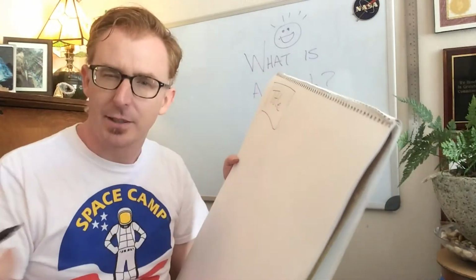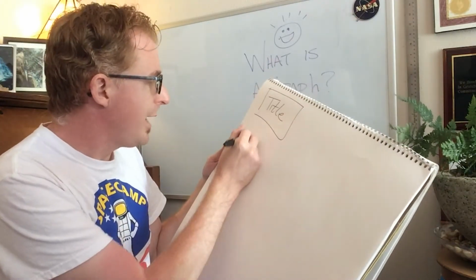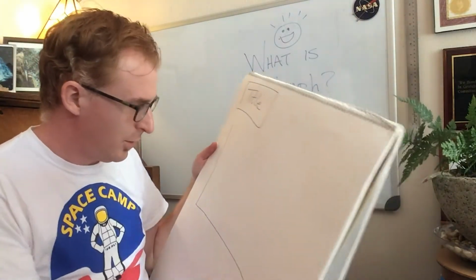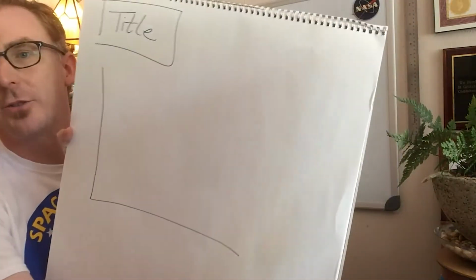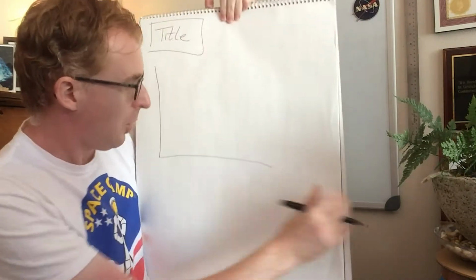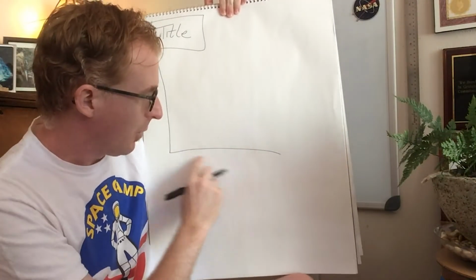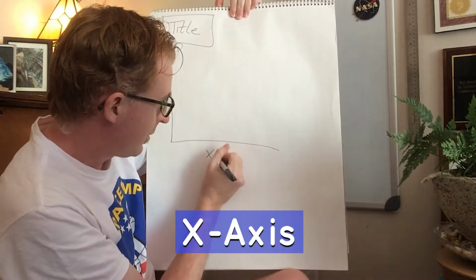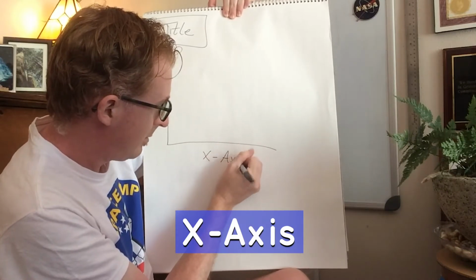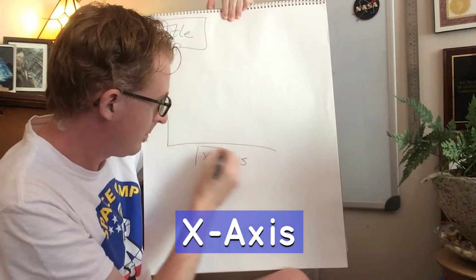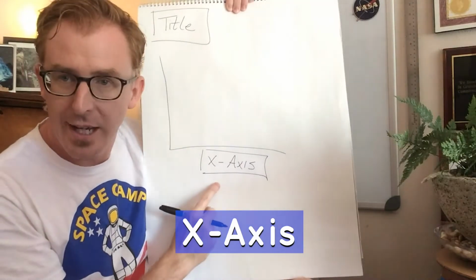And for any classic graph that comes into our mind, we have two different spots. So I drew a right angle there, but the horizontal piece of our graph is what represents our x-axis.